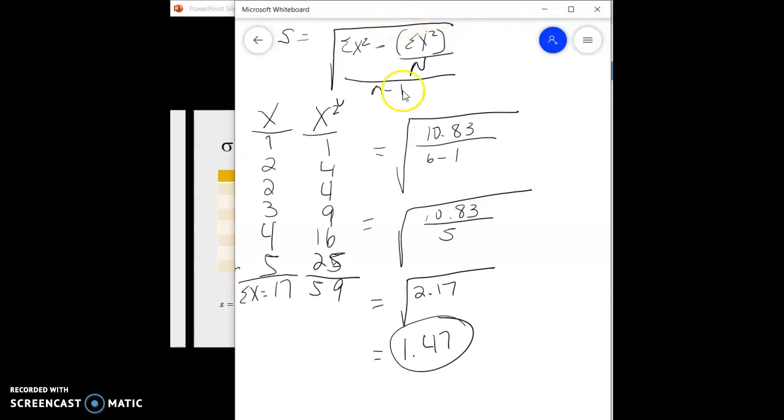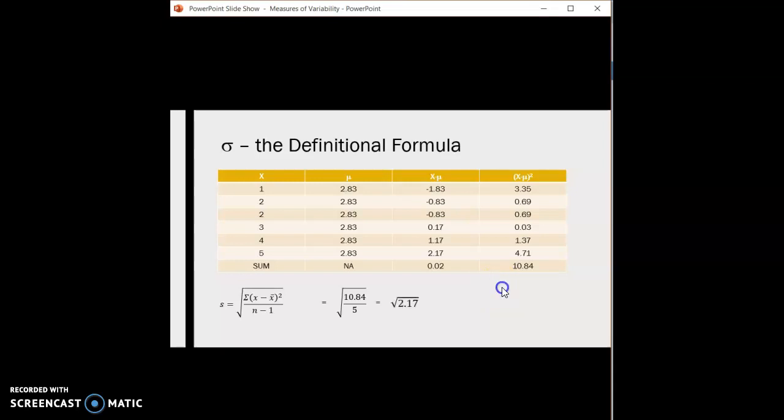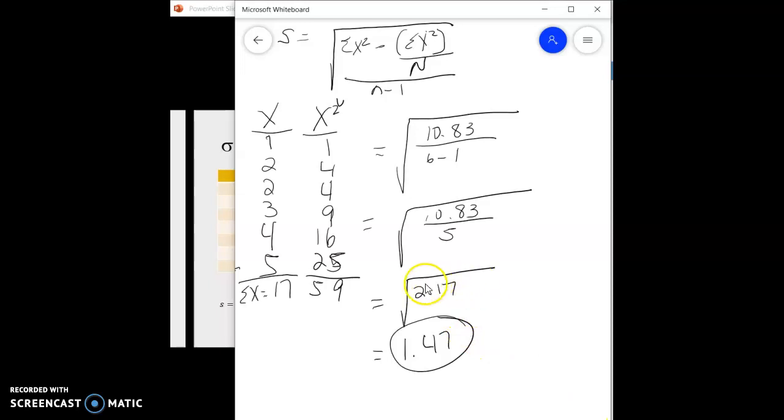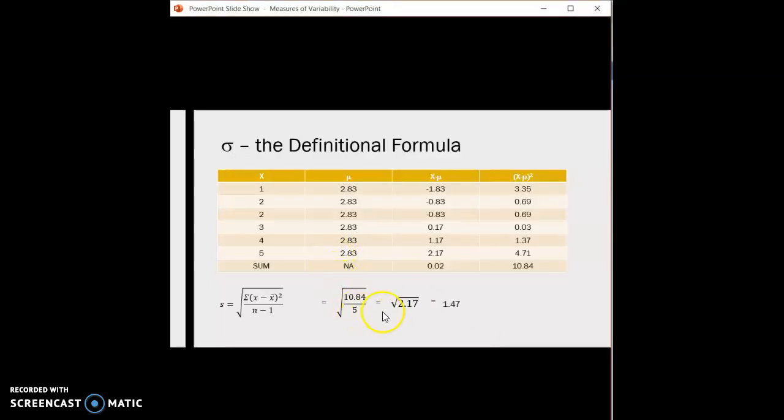So if I were to flip back just to show you that this formula produced exactly the same values, right? So we got 2.17 for our variance and 1.47 for our standard deviation, both here using our computational formula and here using our definitional formula.